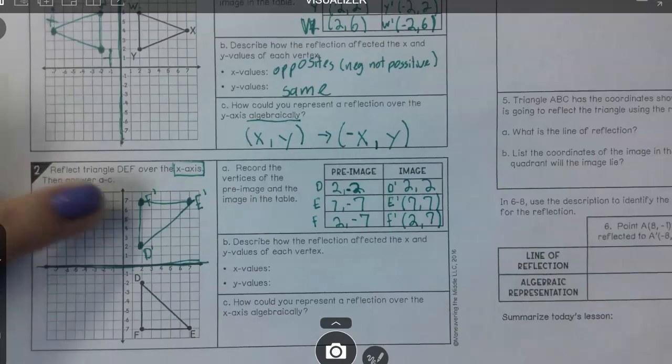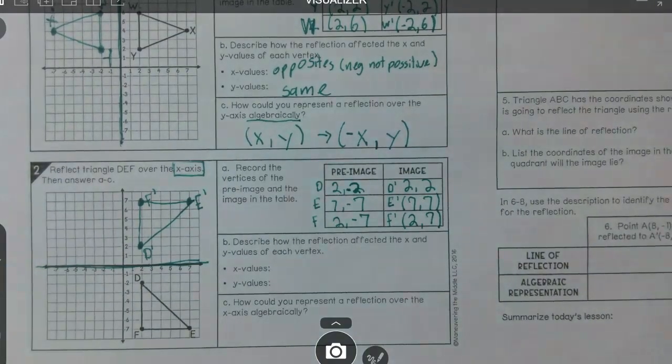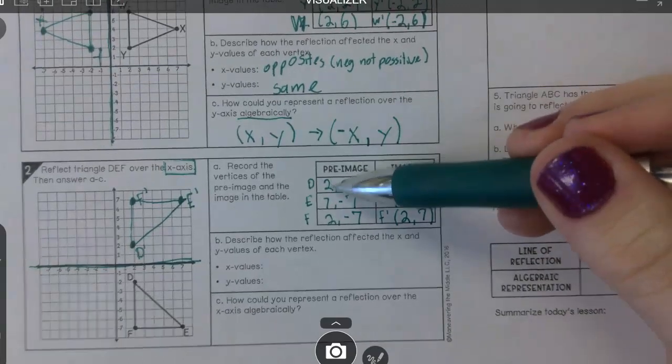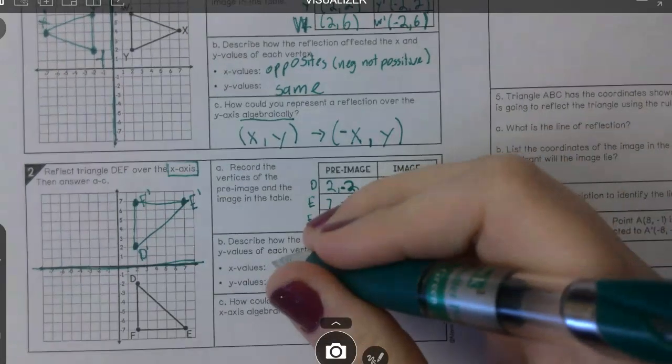Now, again, as we look at these patterns, let's see if we can notice anything interesting. In the x-coordinate, 2, 7, 2, 2, 7, 2. Everything is exactly the same. There are no changes. So all of the x values are the same.